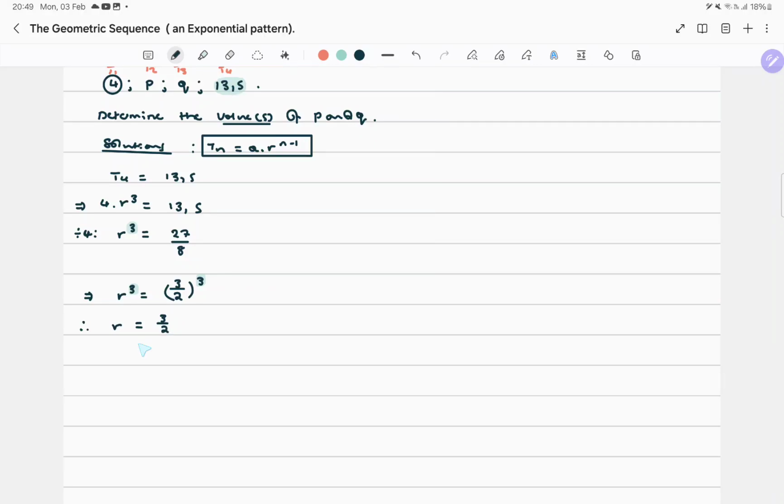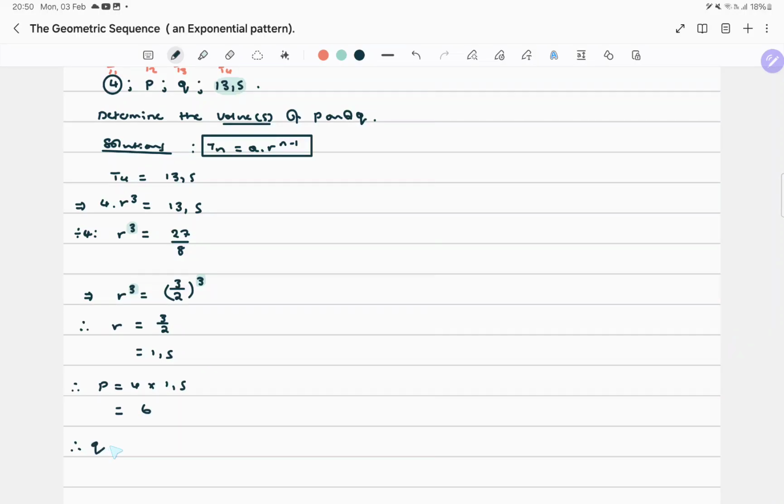Since we have a comma there, this should be 1,5, isn't it? Therefore P is the second term, so it's going to be a times 1,5. A was 4, and 4 times 1,5 is 6.